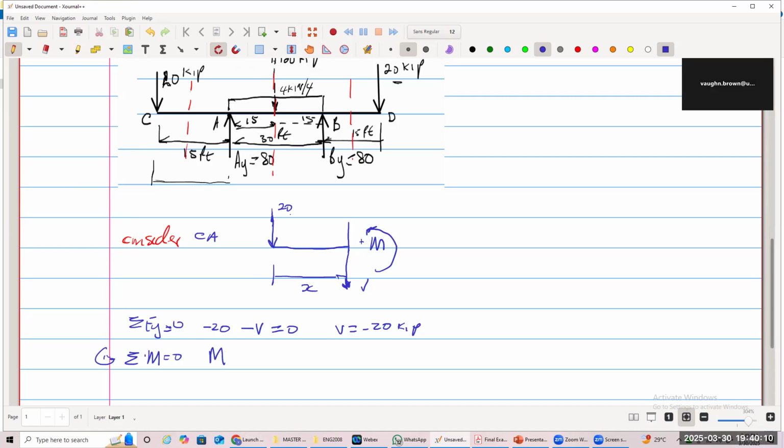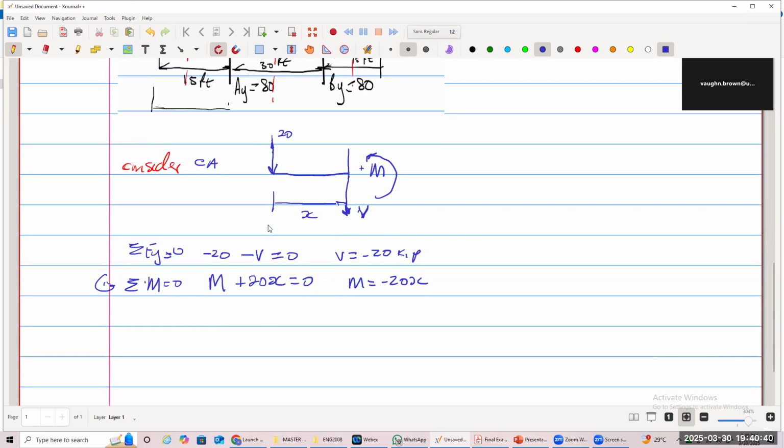Then taking moments here, you can't consider the shear force, right? Shear force is gone. And we only have the 20 times x. So it is going to be positive 20 times x, and that equals 0. So your bending moment is minus 20x. Right? So you have it.